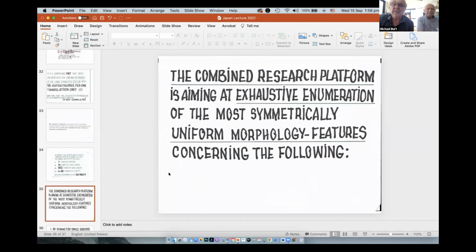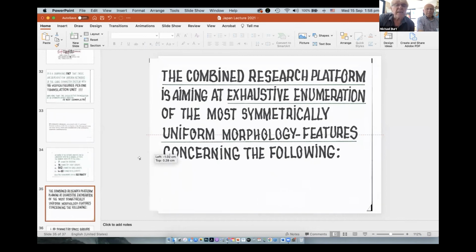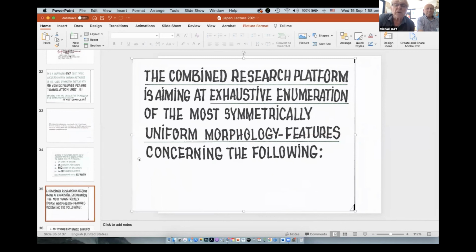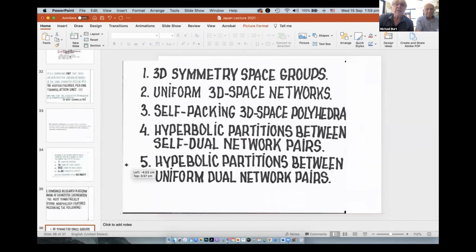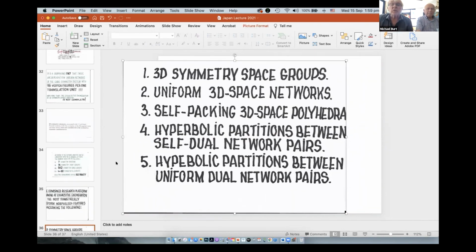The combined research platform is aiming at exhaustive enumeration of the most symmetrically uniform morphology features concerning the following. First, 3D symmetry space groups.